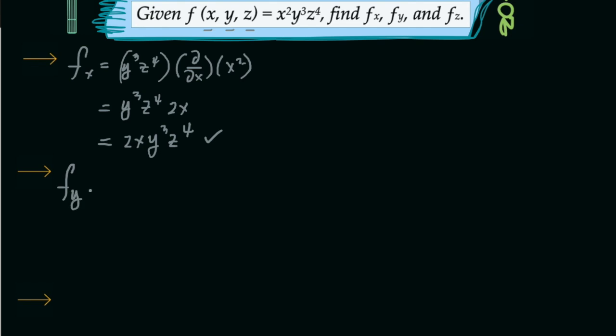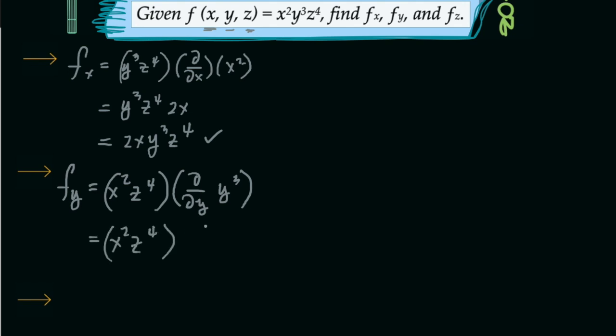Now for f sub y. When we are differentiating with respect to y, it means we will be holding x and z as constant. So in the given expression, we'll write just x squared and z to the fourth, and then we'll multiply this expression by the partial derivative with respect to y of y cubed, which is 3y squared.